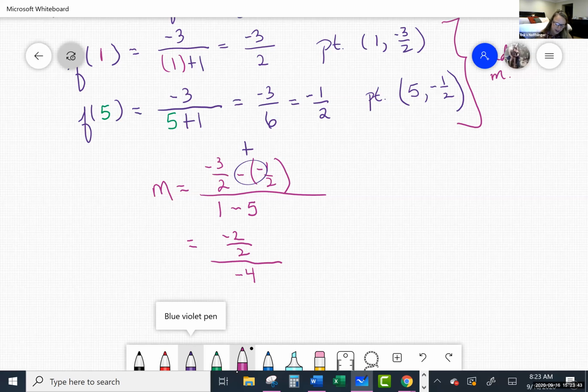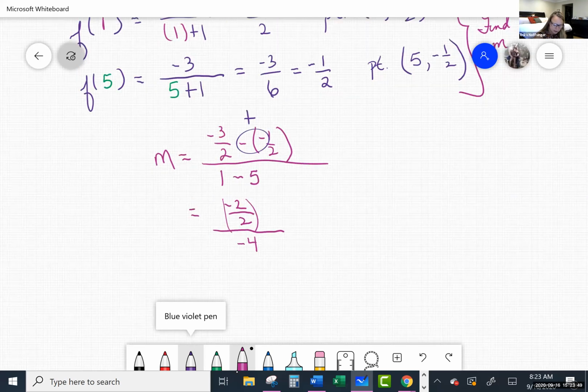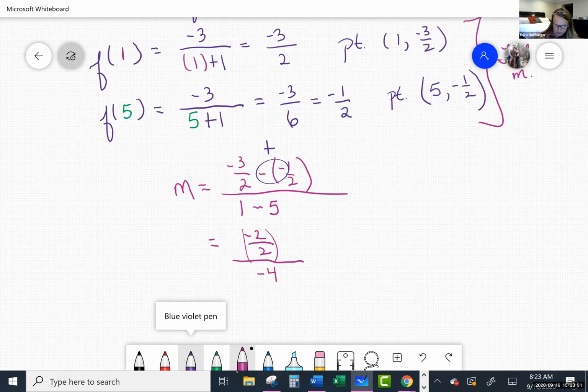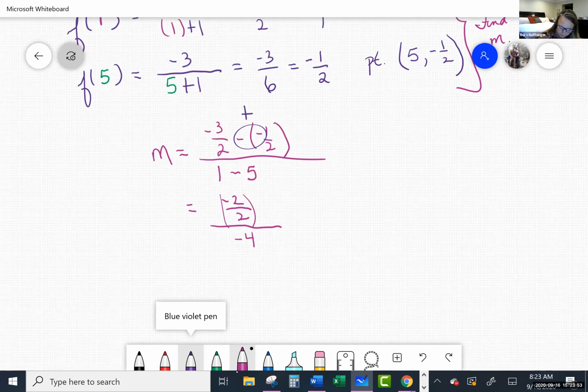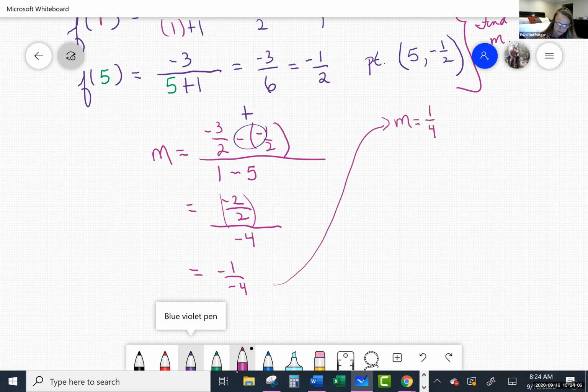But notice my numerator, this -2 over 2 reduces to -1. So this is equal to -1 over -4. So we get that m is equal to 1/4.